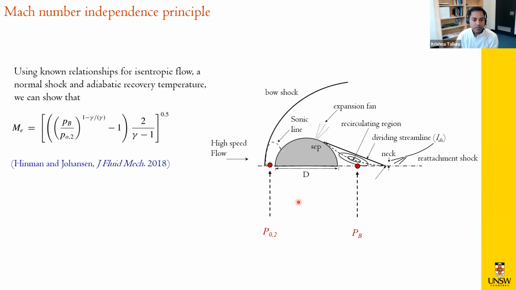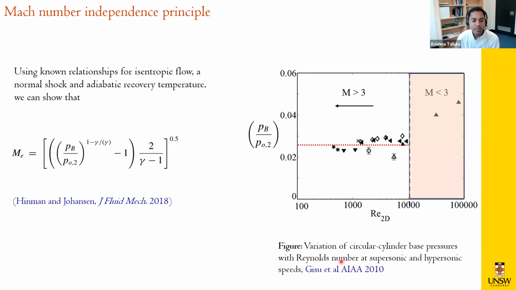We can then look at some of the experiments and numerical simulations that were carried out at UNSW Canberra about a decade ago. What they found is, in fact, that this ratio becomes constant for Mach numbers above 3, which clearly justifies the Mach number independence principle.